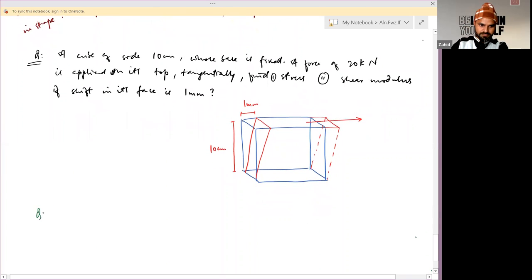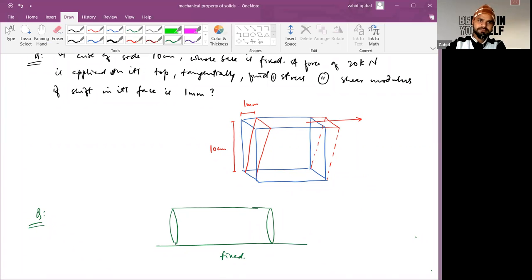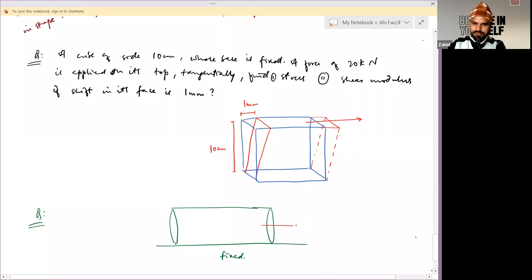Suppose this is a cylindrical body whose base is fixed. Now, if a deforming force is applied in this direction, it may get shifted along this.